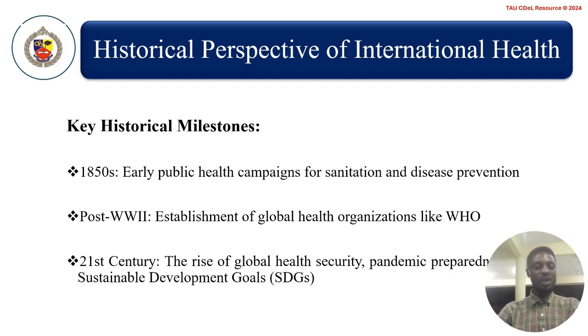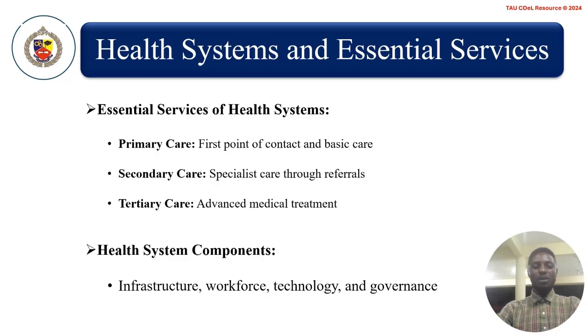Post-World War II saw the establishment of global health organizations like WHO. In the 21st century, we have the rise of global health security, pandemic preparedness, and sustainable development goals.